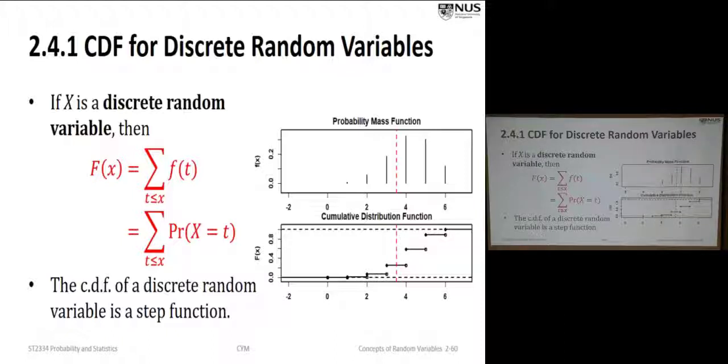So here's the picture. For a discrete random variable, this represents the probability function. At this point, you see, there's no line here, so little f of x is 0. But at this point, the cumulative probability is not 0, because you have to add all these probabilities together.